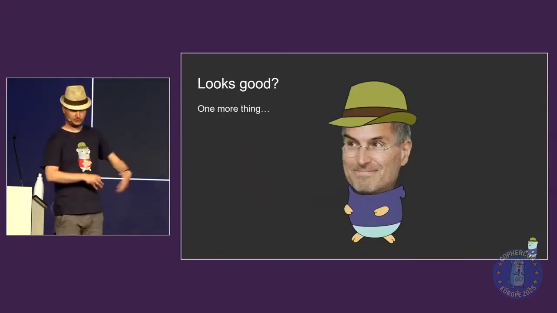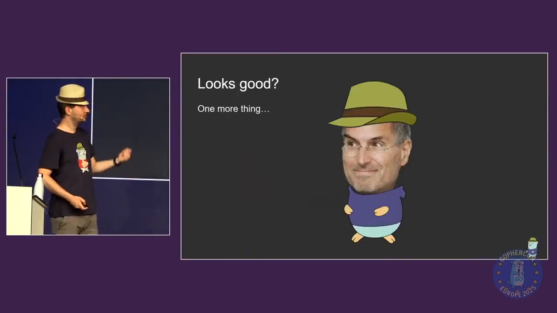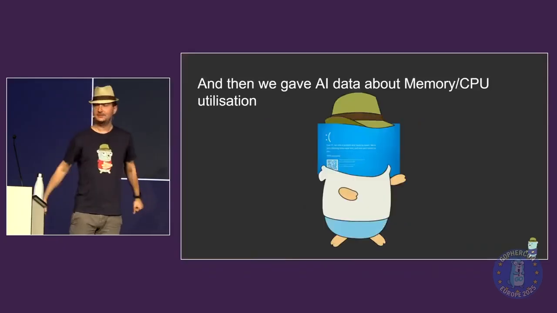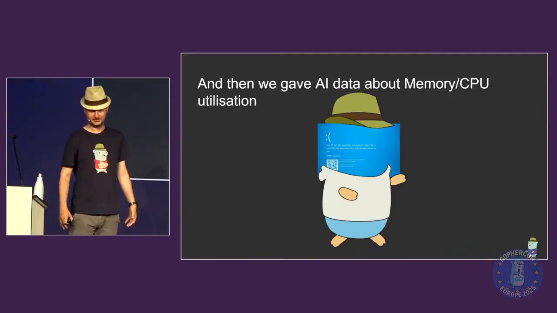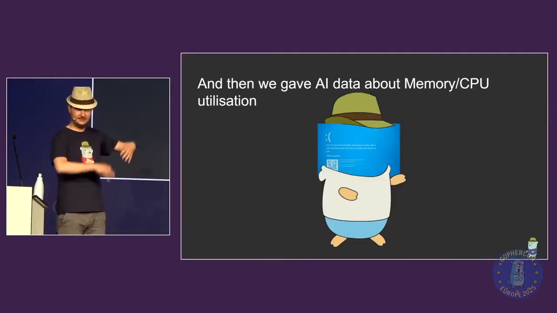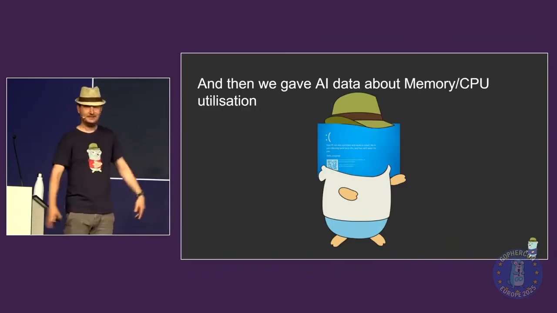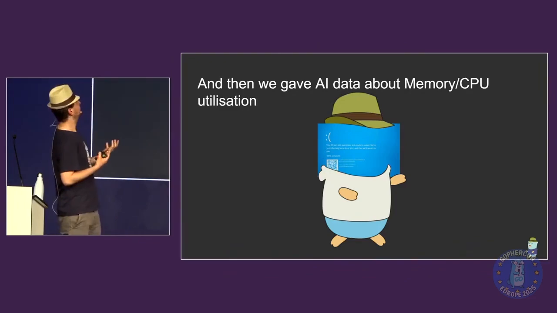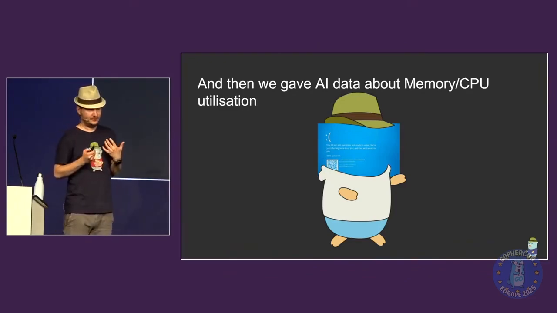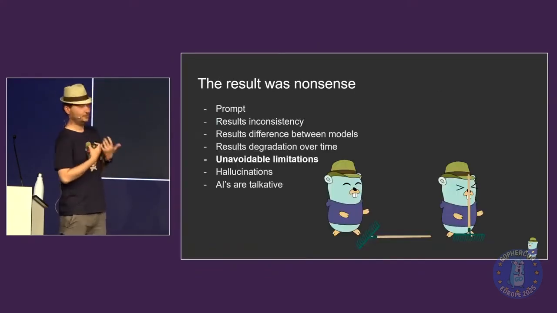And it looks good, yeah, as I said, it looks good. But then we gave AI information about memory and CPU utilization. And it didn't fail like this, but the output was absolutely strange, absolutely nonsense.